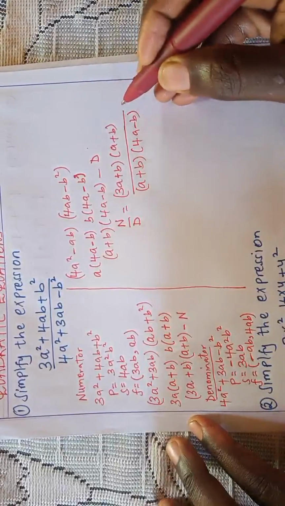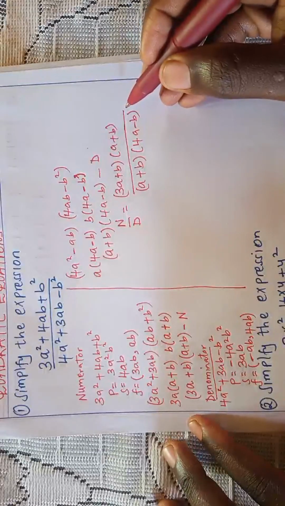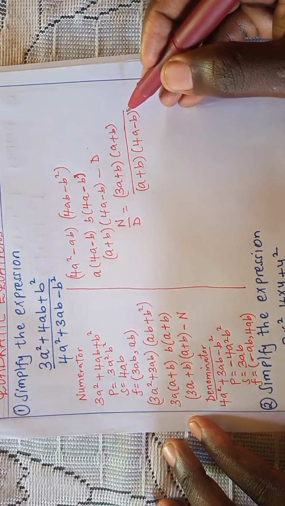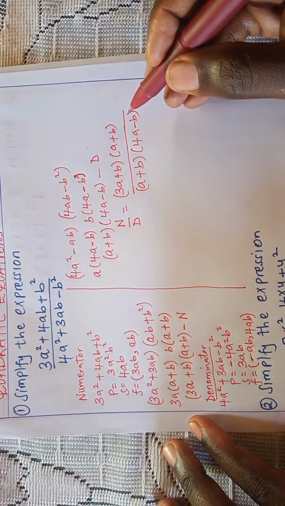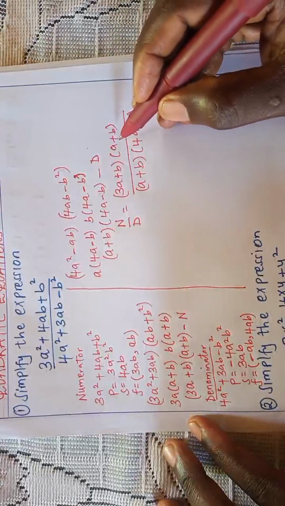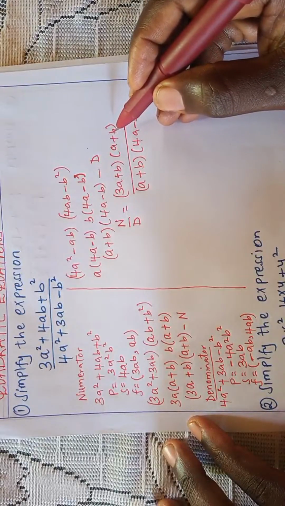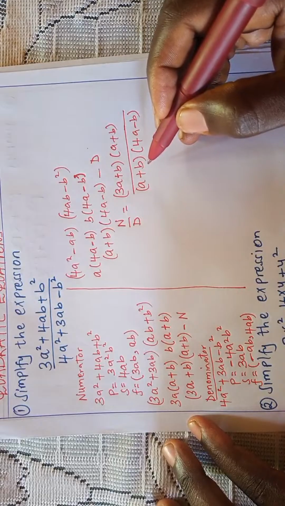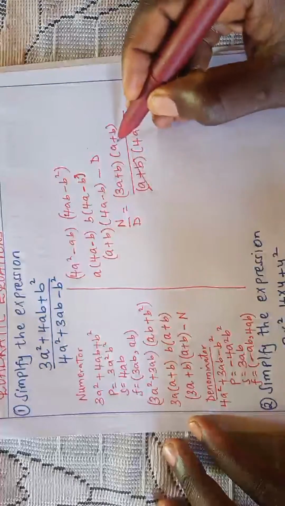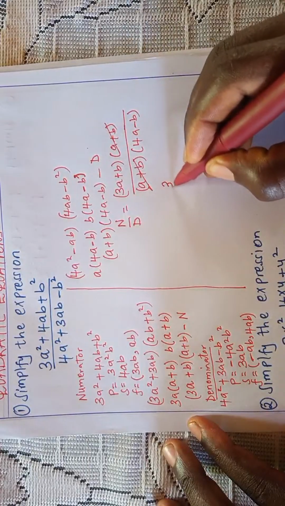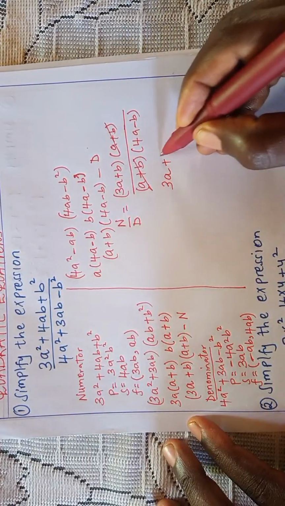Now, let us look for the common elements that are going to cancel out. If you study this very well, you discover that a plus b is on the numerator part and a plus b is on the denominator part. Now these two are going to cancel, and our final answer is going to be 3a plus b.